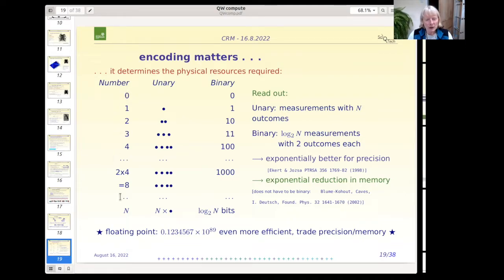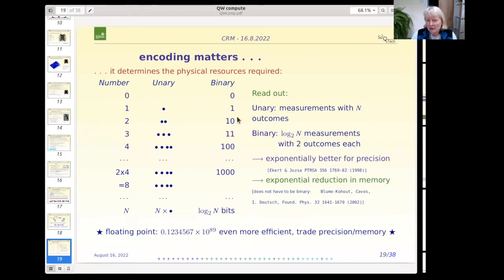So if we want to encode numbers, we could do a unary encoding. These little spots are deliberately like vertices in a graph, because if we do a physical quantum walk and we build the graph, we're going to have little spots like this for our numbers.